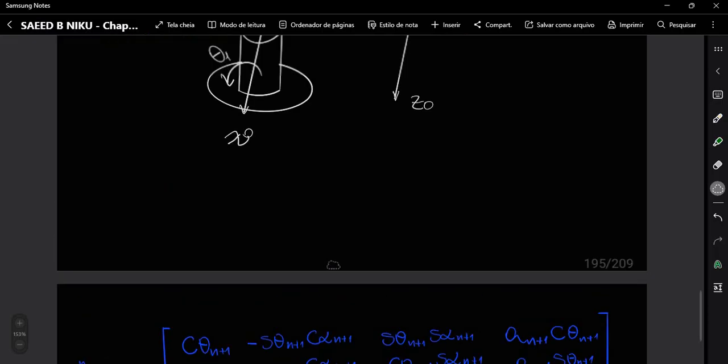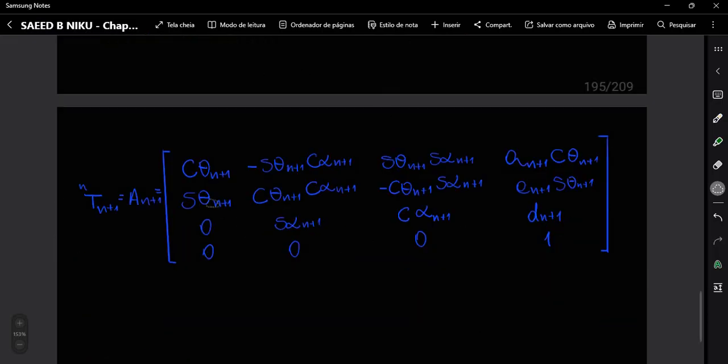So right here, looking at the elements of the matrix, you can see that it's made of sine and cosine components.